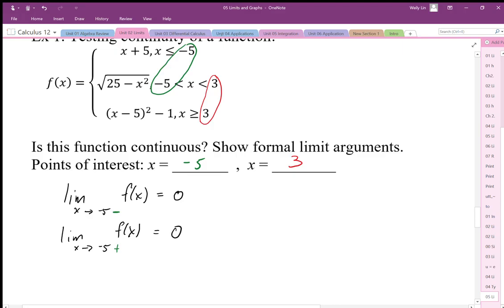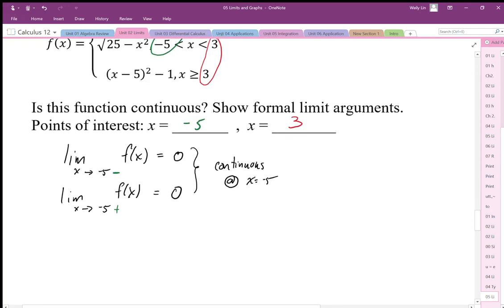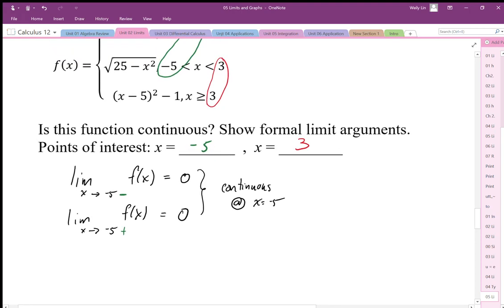So there's another point here. In this case, we can say that the left-hand limit and right-hand limit are defined at -5, so this is continuous at x equals -5.